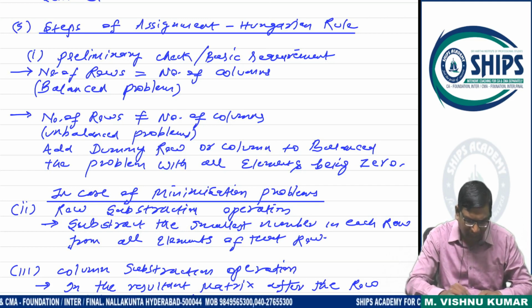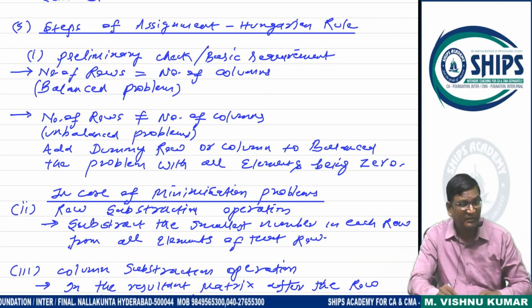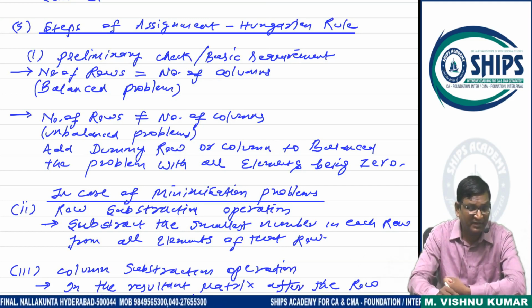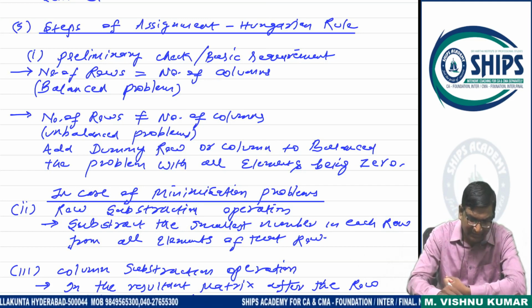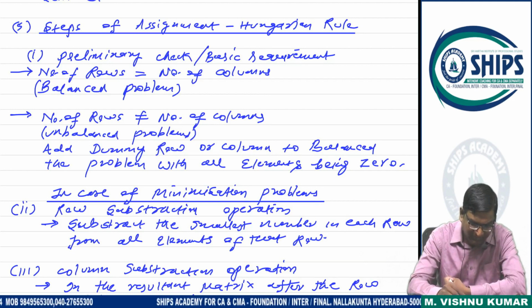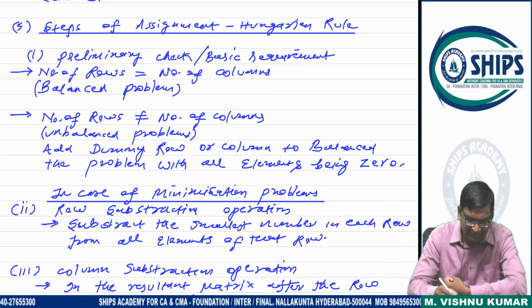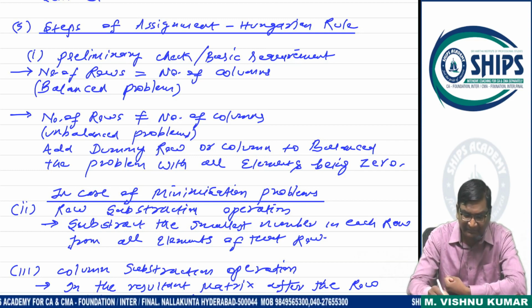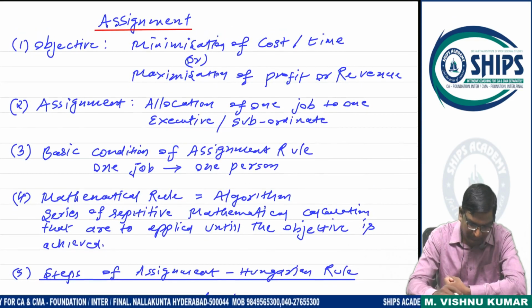Next, the first condition, the preliminary check, is that the matrix should be balanced. If the matrix is not balanced, generally we have to make it balanced. The number of rows should equal the number of columns. If the number of rows is not equal to the number of columns, it is an unbalanced problem, so it has to be converted into a balanced one. Why is this condition necessary?